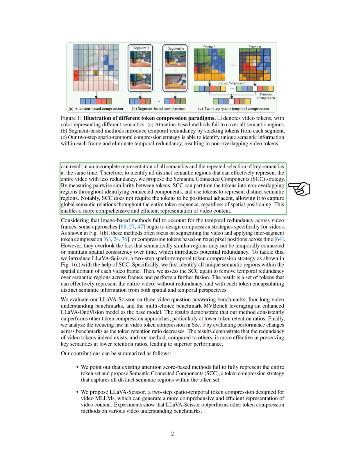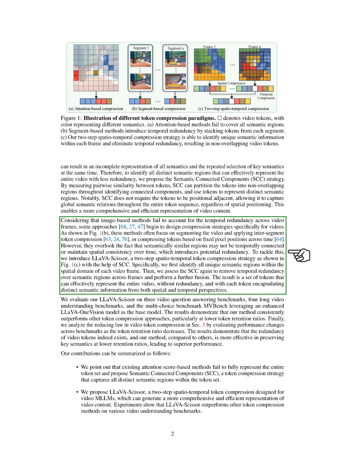To address this, we propose the Semantic Connected Components (SCC) strategy. SCC measures the similarity between tokens to group them into distinct, non-overlapping regions, capturing all unique semantic areas without needing tokens to be adjacent. This allows us to represent video content more comprehensively and efficiently.